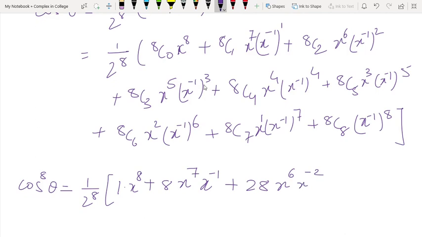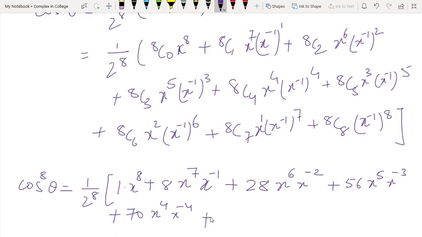What I'm doing is multiplying the power with the law of indices, right? Next 8C3 is 56, 56 x raised to 5, x raised to minus 3, plus 8C4 is 70, 70 x raised to 4, x raised to minus 4, because minus 1 multiplied with 4 gives minus 4.